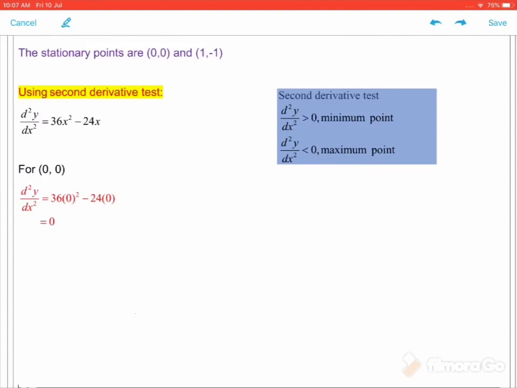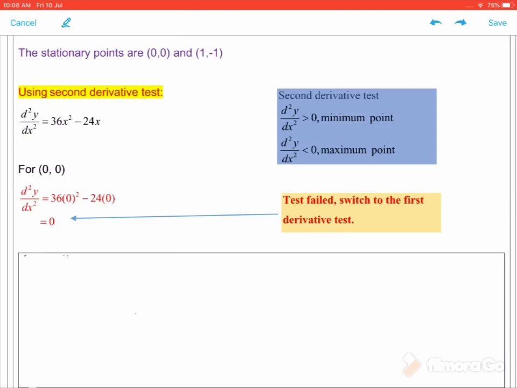If you get the second derivative equal to 0, that means we cannot decide whether it is a maximum or minimum. It means the test failed, and we have to switch to the first derivative test. So we have to come back to the first derivative test.